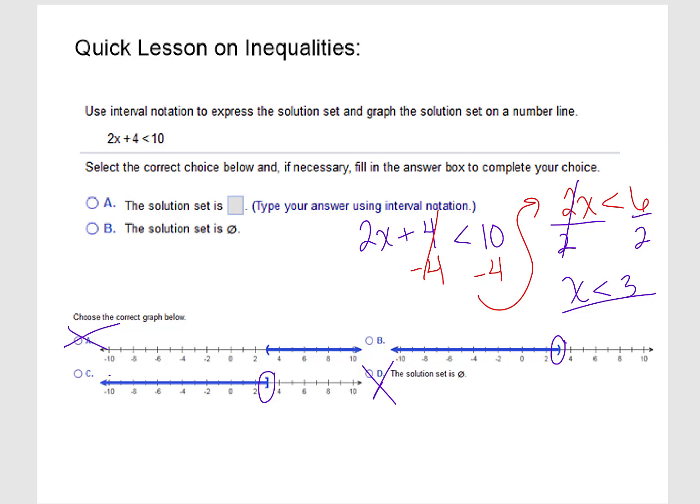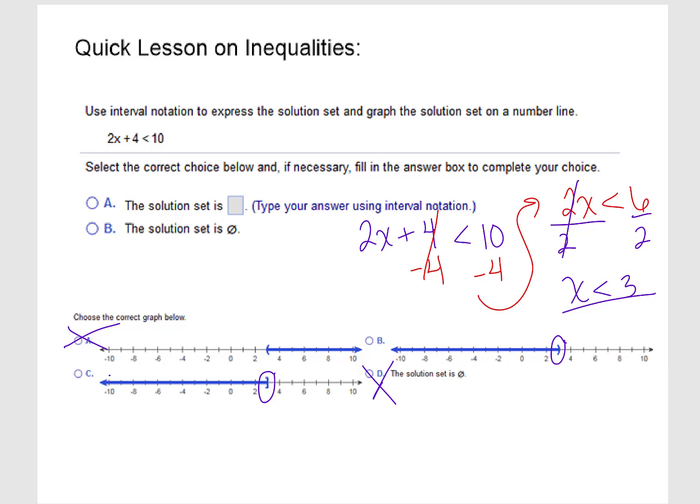So I look at the parentheses versus the bracket. Parentheses mean we're not including that number. We're just saying up to that number or beginning at that number, whereas brackets say yes, up to and including that number. If x is less than 3, then we would not include the number 3, because 3 is not less than 3.